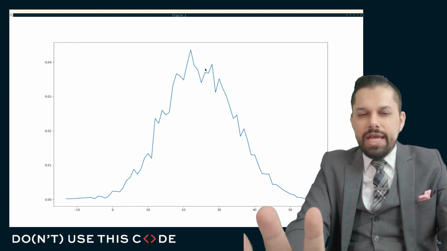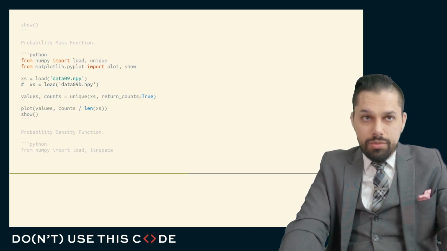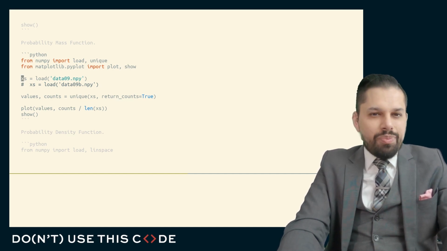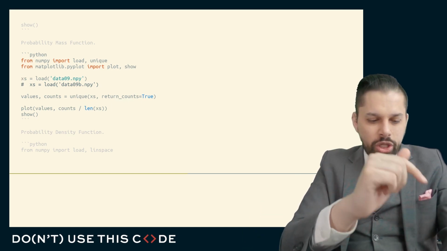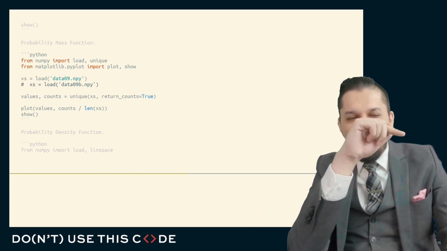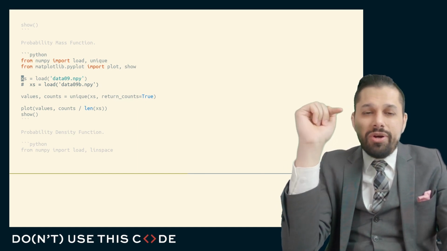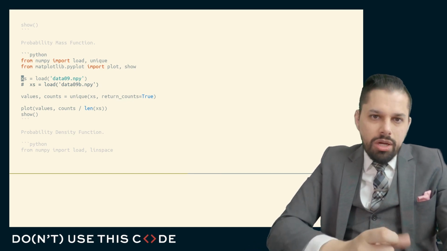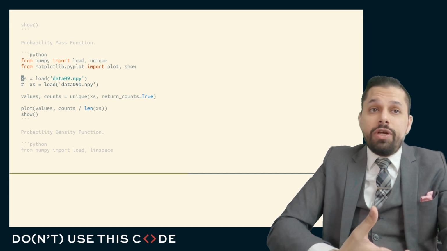But here we can think, if these values were from a continuous distribution, if they could have been any possible real number, then the probability of any one real number, the probability of looking at your watch and seeing all the way out to the picoseconds that exact value, is going to be very, very, very low because there's an infinite number of possibilities that you can see. It's continuous. But if you talk about something that's a discrete distribution, this probability mass function is actually very valuable.